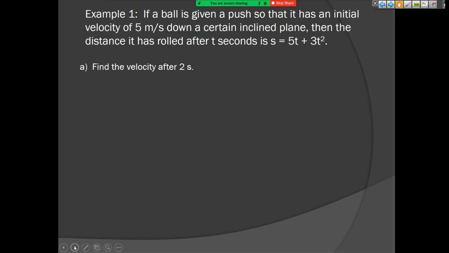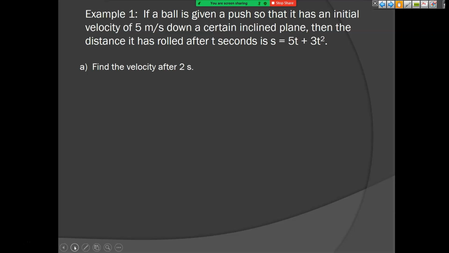So if a ball is given a push so that it has an initial velocity of 5 meters per second. So again, if you push an object, you are an outside force acting on it, thus creating that initial velocity. So we give a ball a push, its initial velocity becomes 5 meters per second.